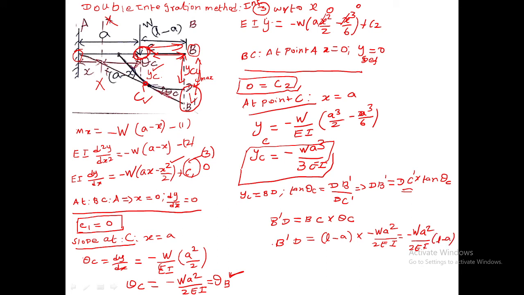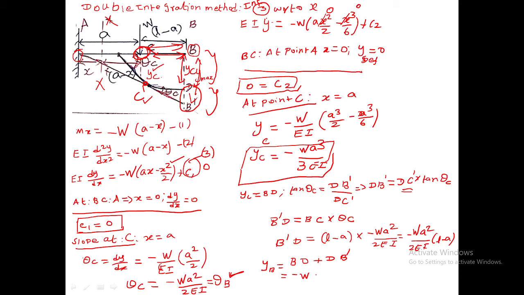So the total deflection at point B, YB, equal to BD plus DP dash.